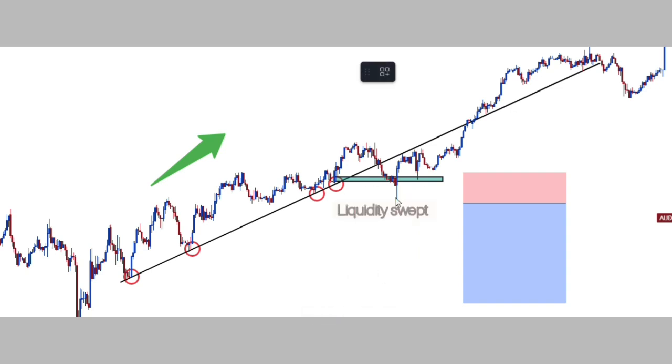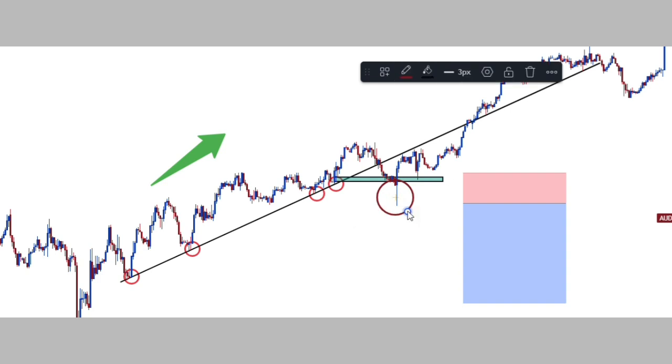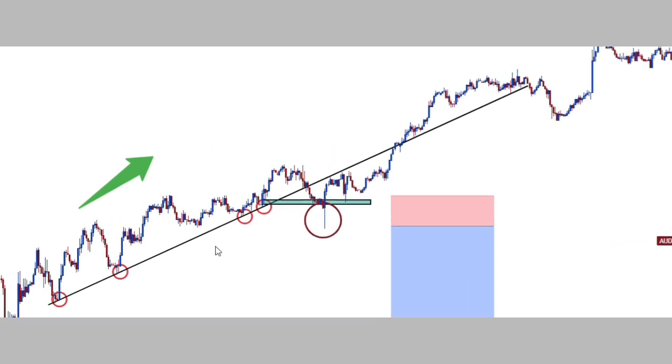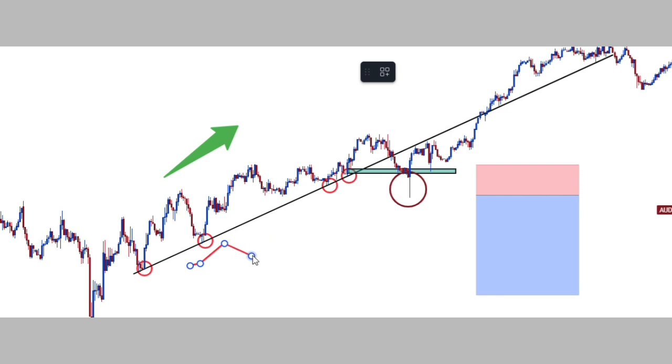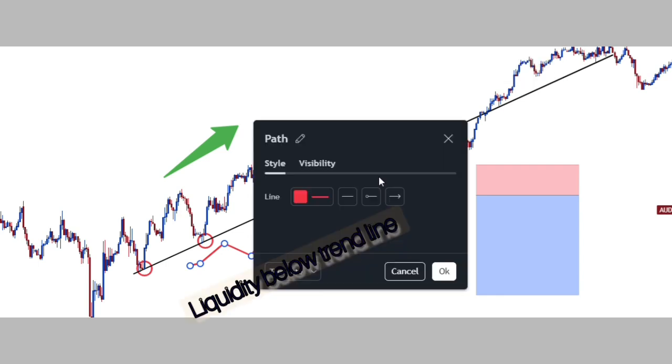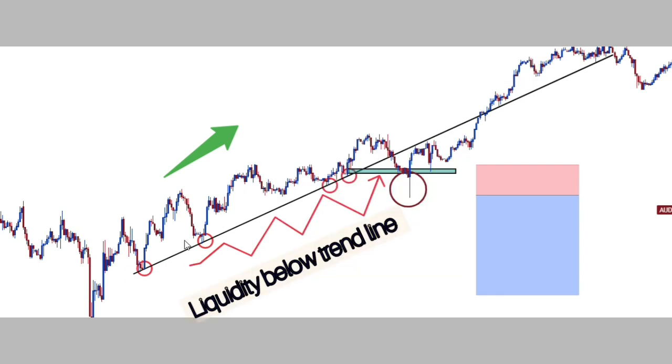This spike here is to take out the stop losses which are below here. Below here, there is a lot of liquidity because most people have placed buy orders along this trend line. So there is a lot of liquidity here, with stop losses below.